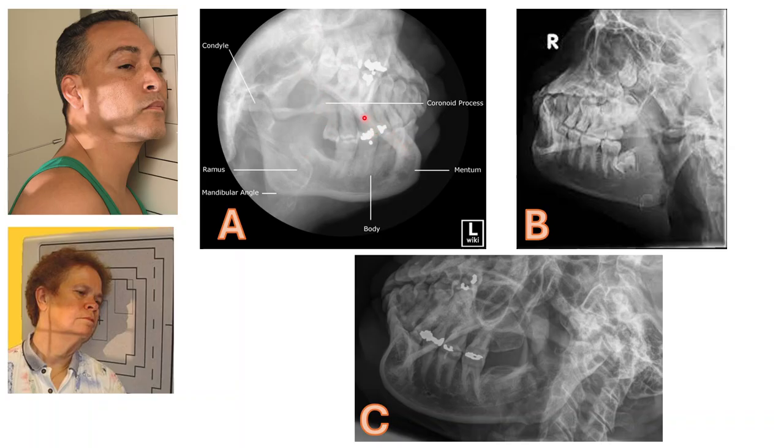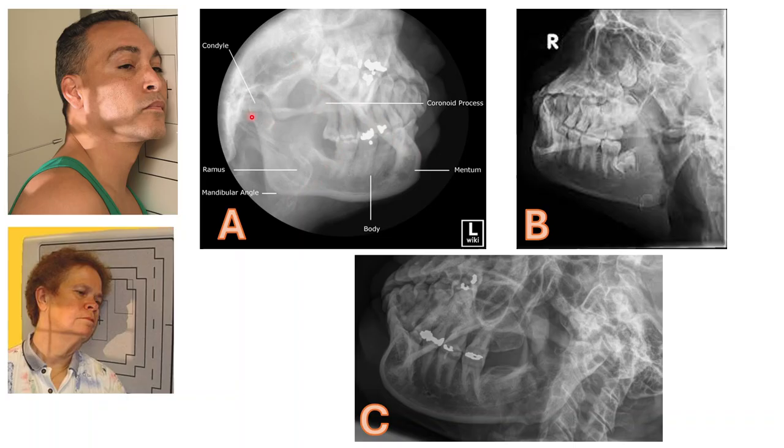This opaque line that we're seeing here is actually the opposite side of the mandible that's been projected superiorly to push it out of the way. We left the side of interest that's on the IR down where it should be. Here we have the coronoid free of superimposition of the opposite side of the mandible, so I know that we had sufficient angulation on the tube.